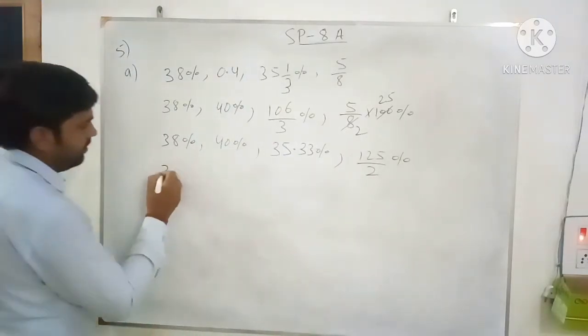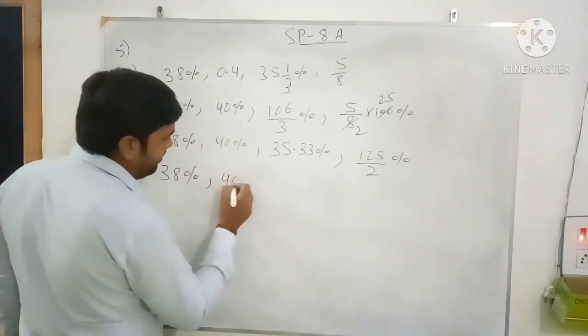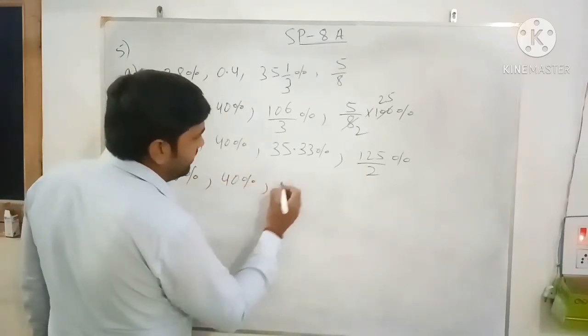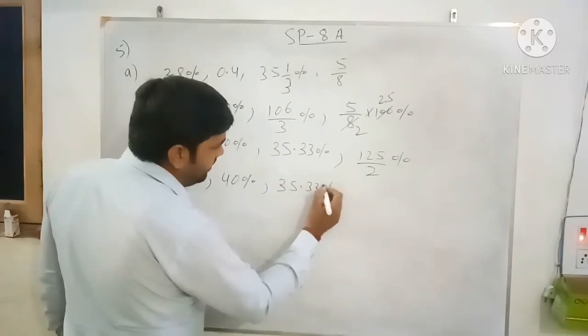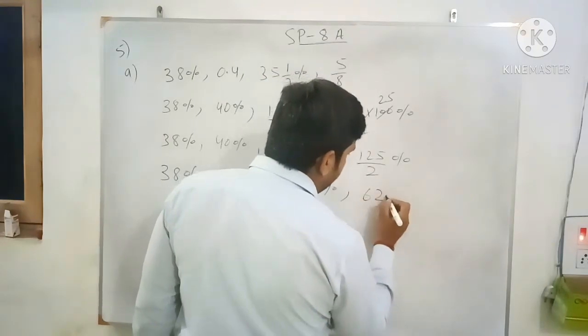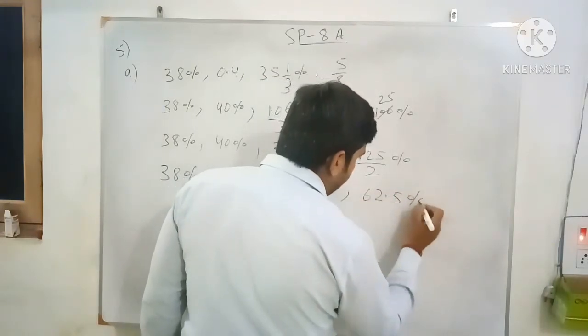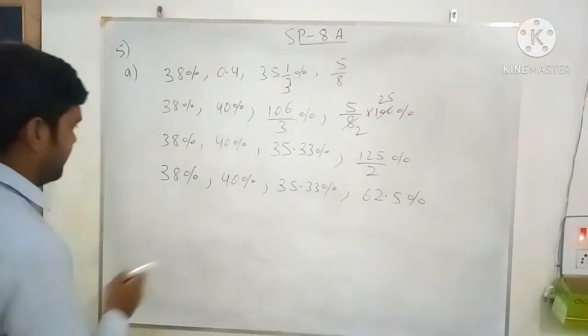Now again 38%, 40%, 35.33%. Here 2 6s are 12, 2 2s are 4, 62.5%. Now we have to arrange this in the ascending order. See, the smallest value is 35.33%.